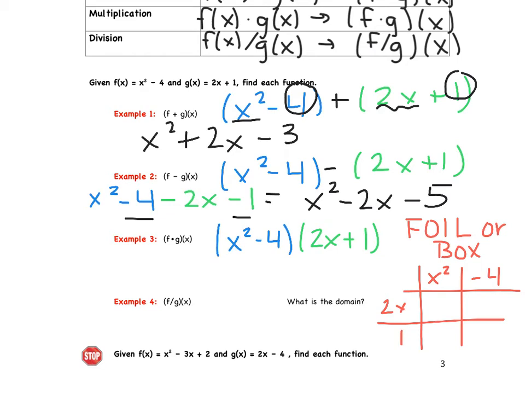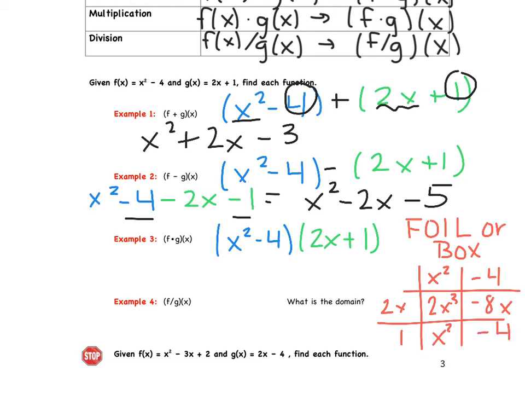Here what I do is just multiply these terms together. So 2x times x squared we know is 2x to the third. 2x times negative 4 is negative 8x. X squared times 1 is x squared. Negative 4 times 1 is negative 4.